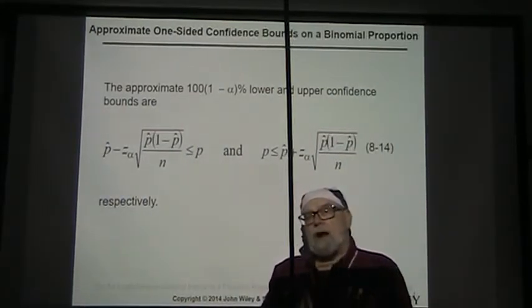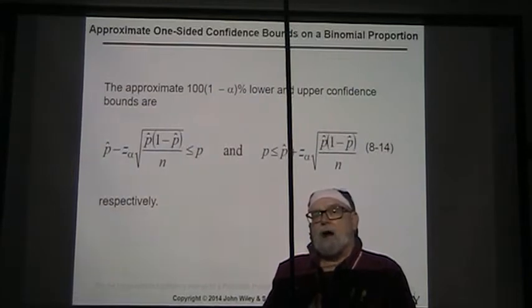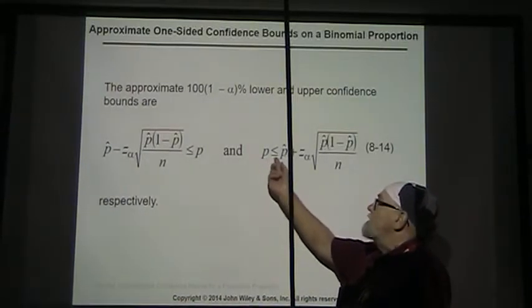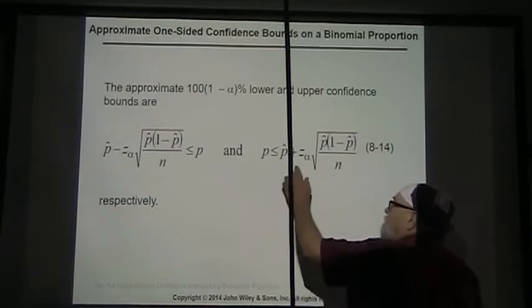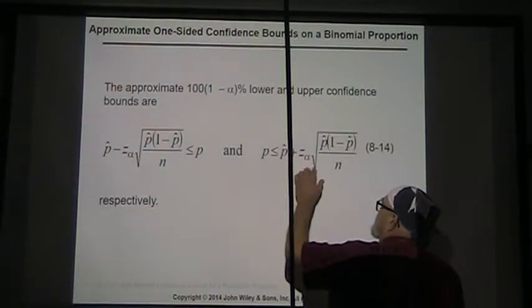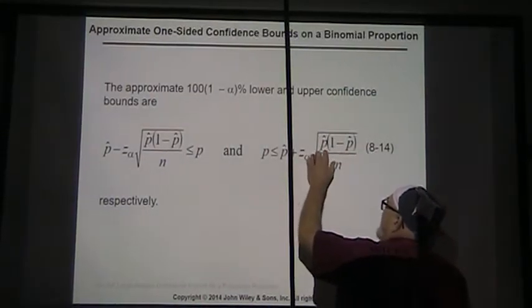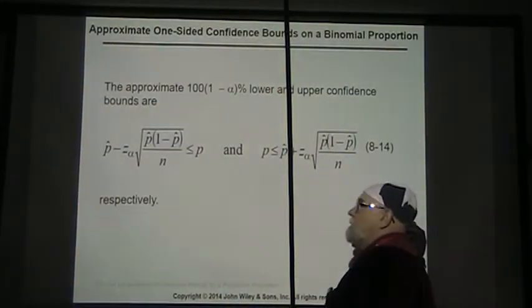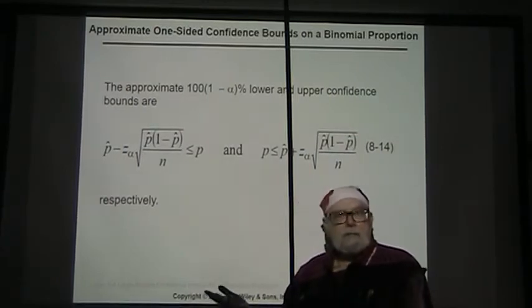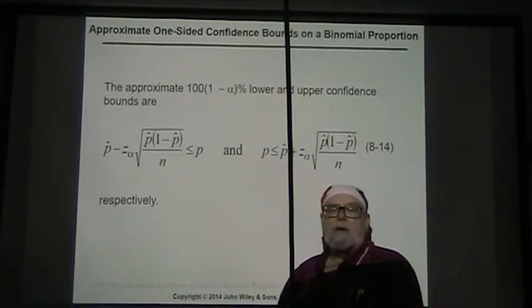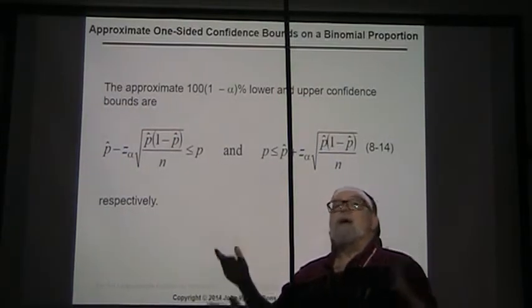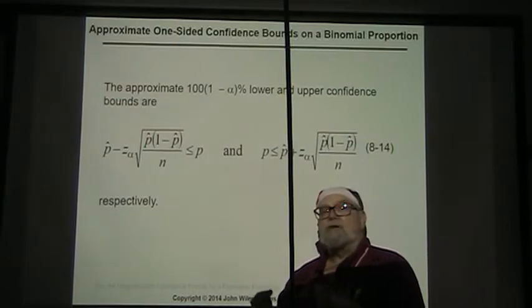In the case of our crankshaft bearings, we might want to use, however, the upper bound formula. P is less than or equal to p hat plus z alpha times the square root quantity of p hat times the quantity 1 minus p hat divided by n. Okay, so as usual, really we've just broken our two-sided confidence interval up, and we have z alpha instead of z alpha divided by 2.